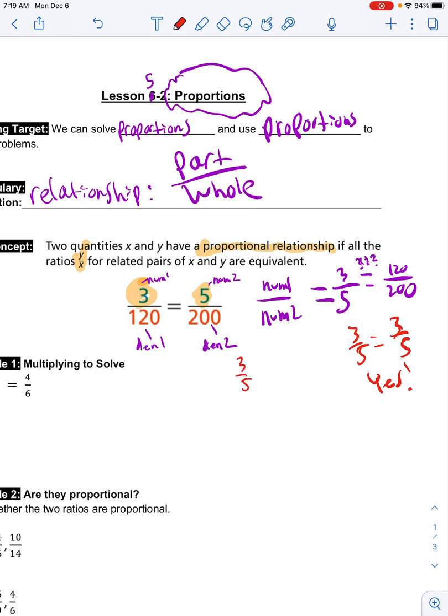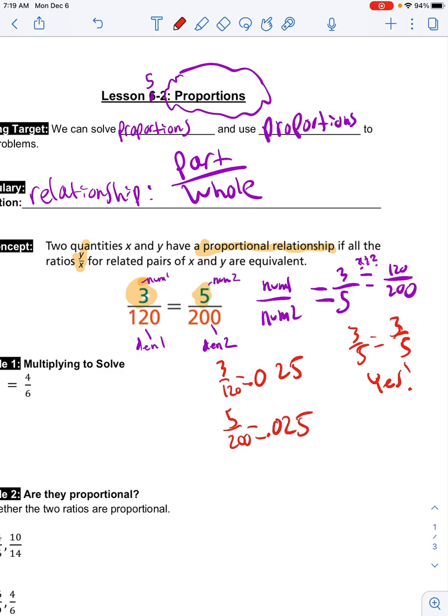You can also look at it as decimals. Let's see here. What's 3 over 120? 3 out of 120 as a decimal equals 0.025. What's 5 divided by 200?